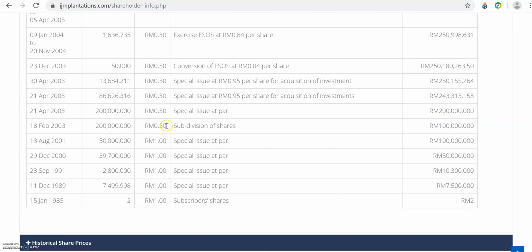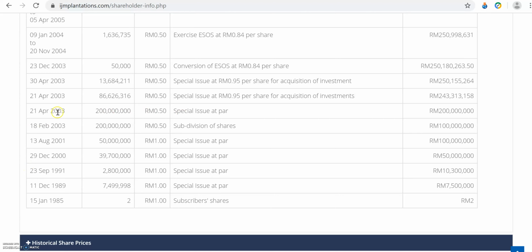there's a subdivision of shares. This subdivision of shares is authorized, and it is best to look at what happened in 2003. Normally the subdivision to 50 cents per share follows the economic situation at that particular time.